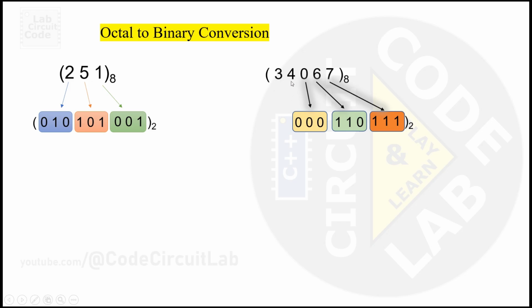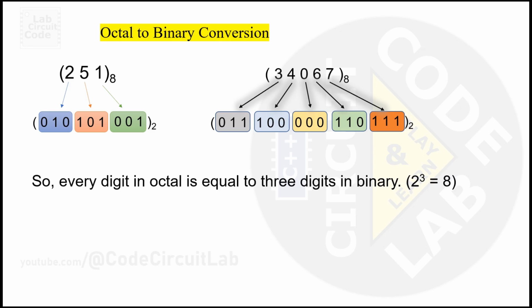We get to 4, which is 1, 0, 0. And we get to 3, which is 0, 1, 1. So the number is converted, and it's converted fast. So every digit in octal is equal to 3 digits in binary.